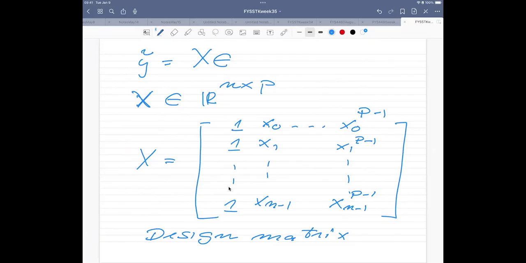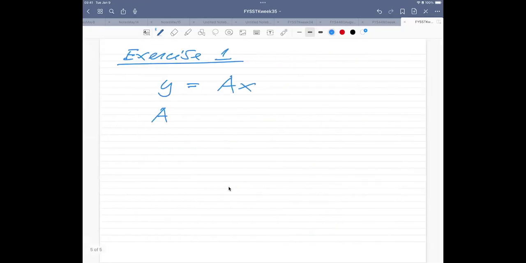When we are doing classification with what's called logistic regression, this is not going to be the case, and then we cannot find an analytical solution as we did for linear regression. So this design matrix X is now rewritten in terms of A, which does not depend on Y and X. So let's just mark that one: no Y and X dependence.